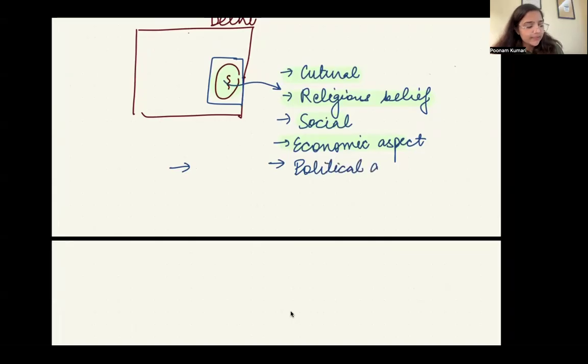Political aspects also matter, right? When a country is not very developed, then society and politics, that is going to impact a lot of decisions in the life of people around you.